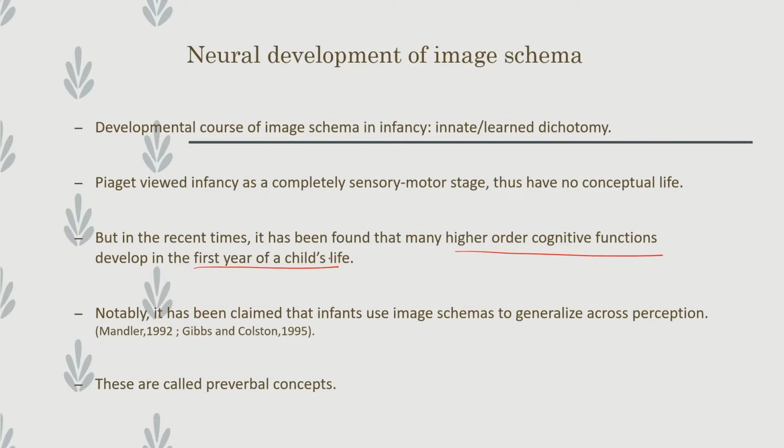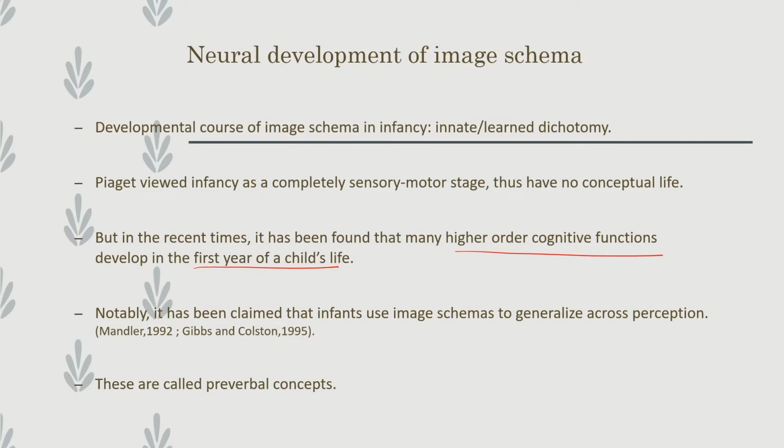Even before the child is 1 year old, there have been studies that show that higher order cognitive functions are possible. And now, higher order cognitive functions cannot be possible without a conceptual life, without having some amount of mental representation of various things.